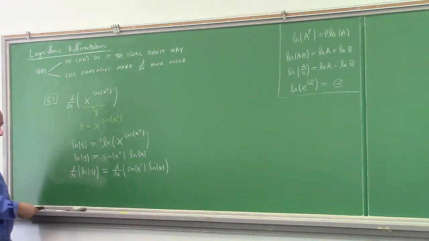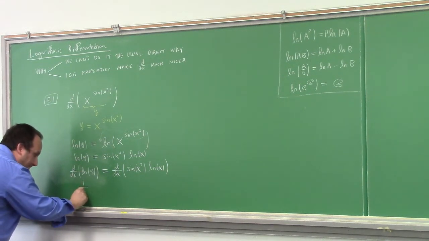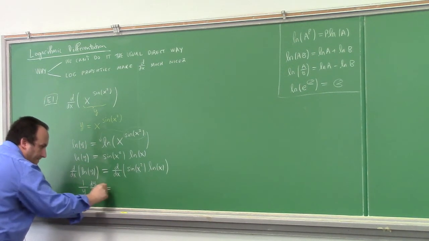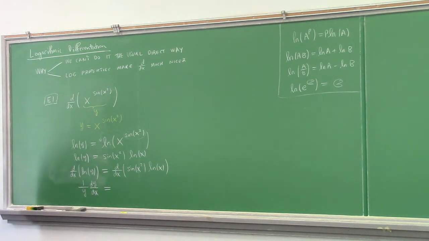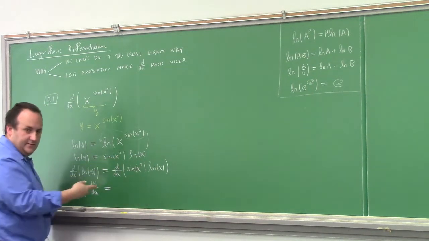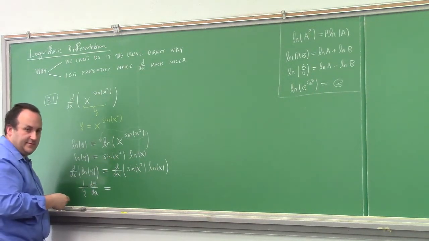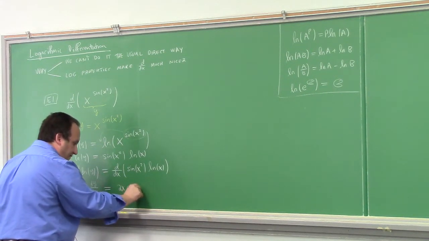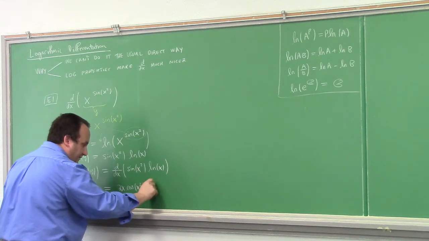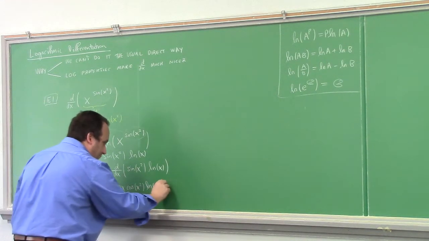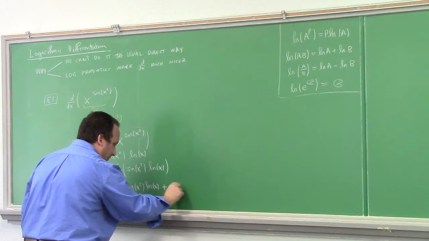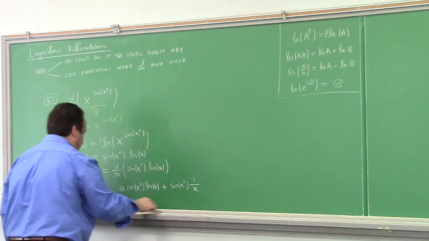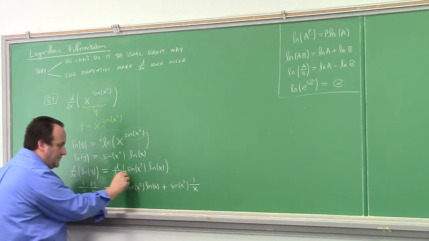On the left-hand side, we have 1 over y times dy dx. On the right-hand side, we differentiate sine of x squared. The derivative of sine of x squared is 2x cosine of x squared times the natural log of x, plus the sine of x squared times 1 over x. So I'm using the product rule.